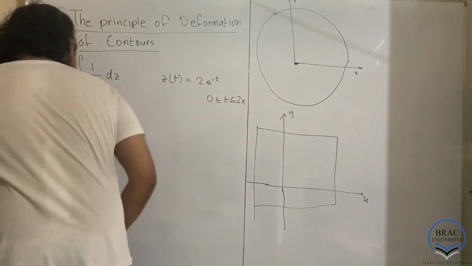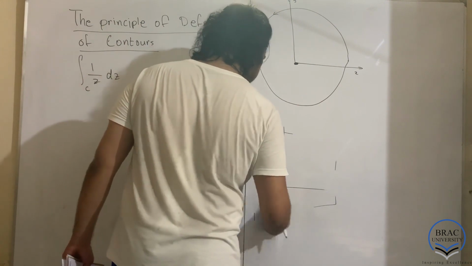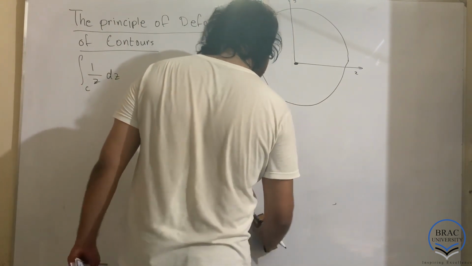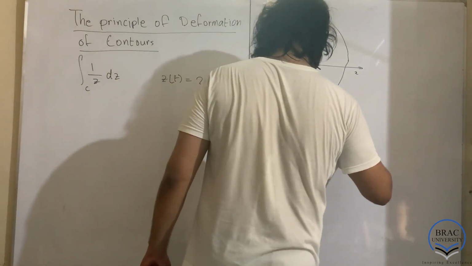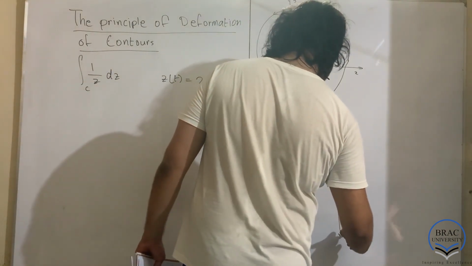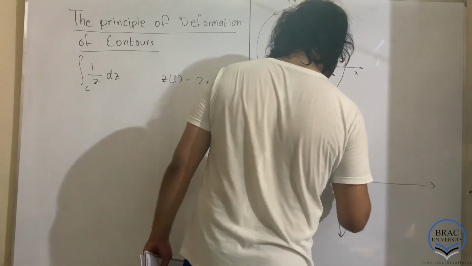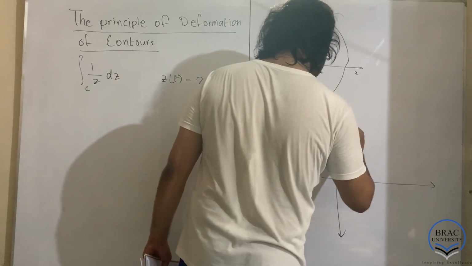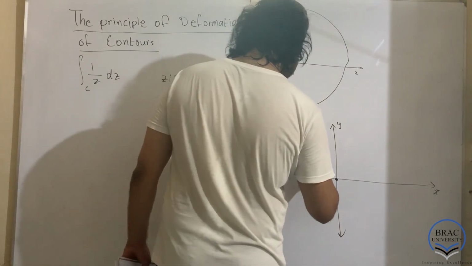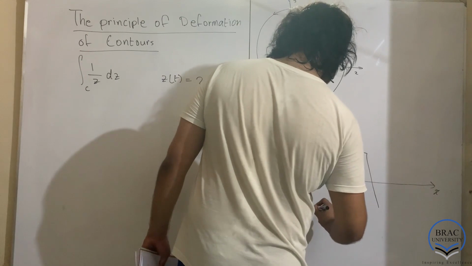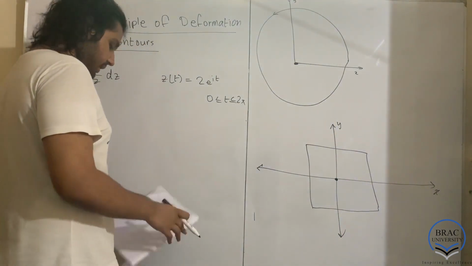Let me draw it a better way. Okay, you have the square, and in between you have the apparent discontinuity at z is equal to 0, right?